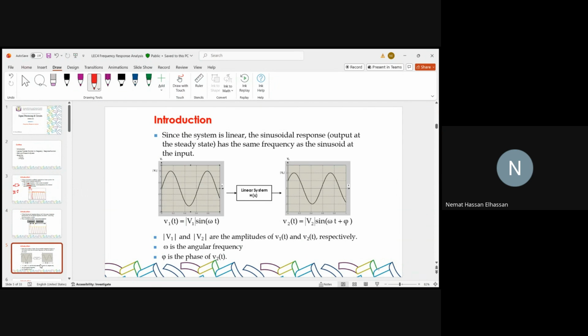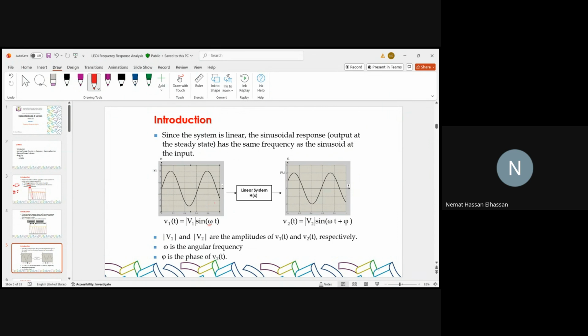In addition, if your input was a sinusoid, your output will be a sinusoid with a certain phase shift and a certain gain or amplitude. We talked about linear systems, where the operation frequency is the same for all components of the system.